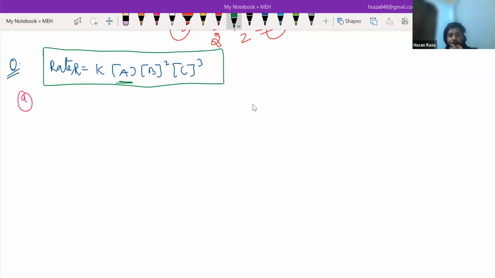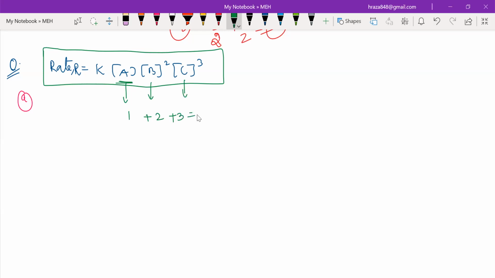Are you sure about this? Is it one? Yes, sir. One. What is the power of B? Two. What is the power of C? Three. So what is the total sum of this? Six. So it is sixth order.